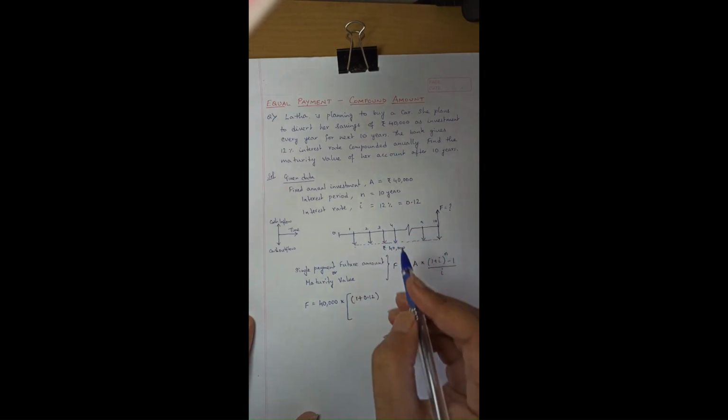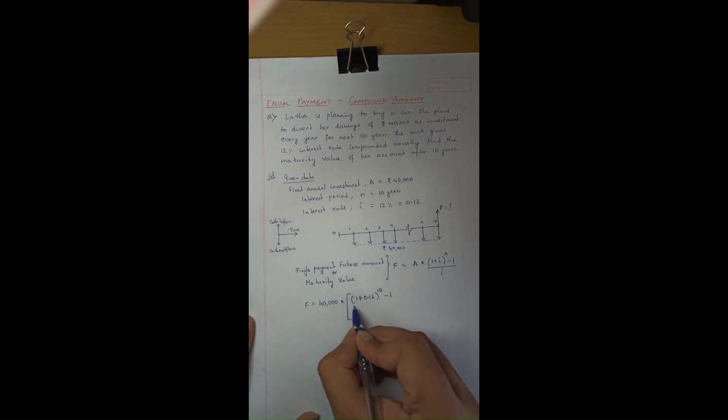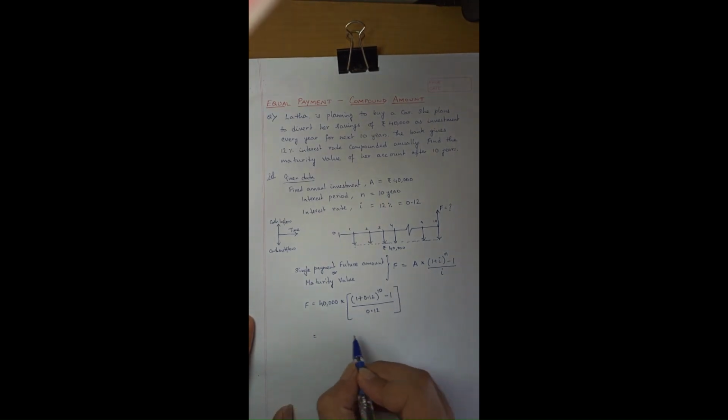N value is 10 years, minus 1, this divided by the value of I. So again I is 0.12. Which is equal to 40,000 multiplied by the value of this particular term.